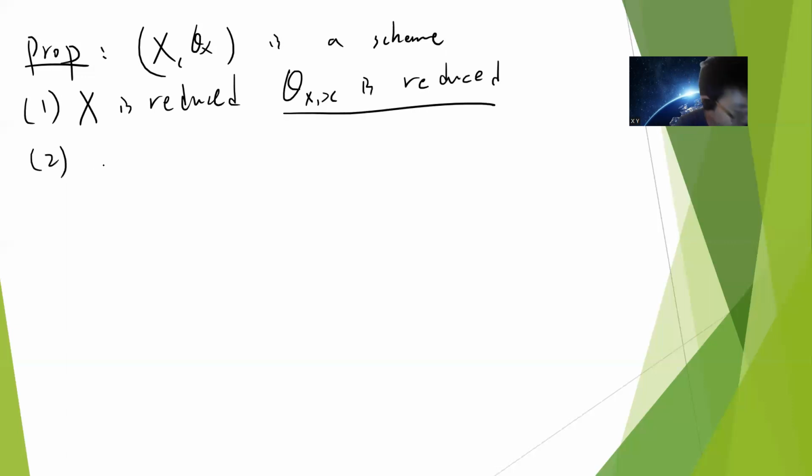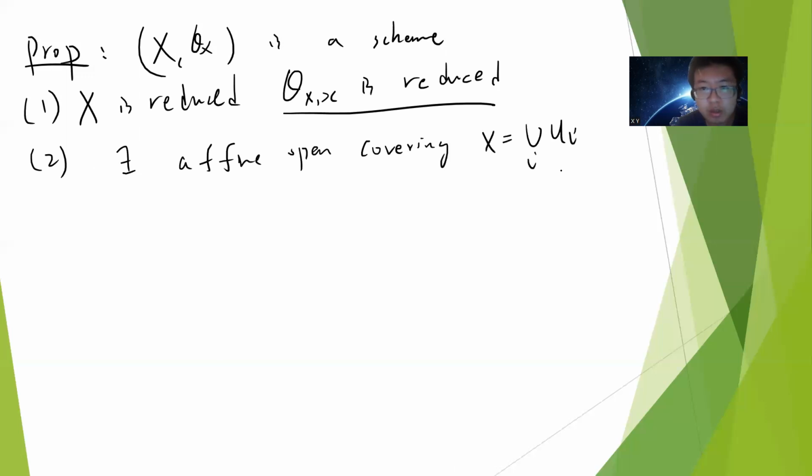The second statement is that there's an affine open cover, X equals the union of U_i, and these U_i are reduced, so its global section is reduced, that is, O(U_i) is reduced.